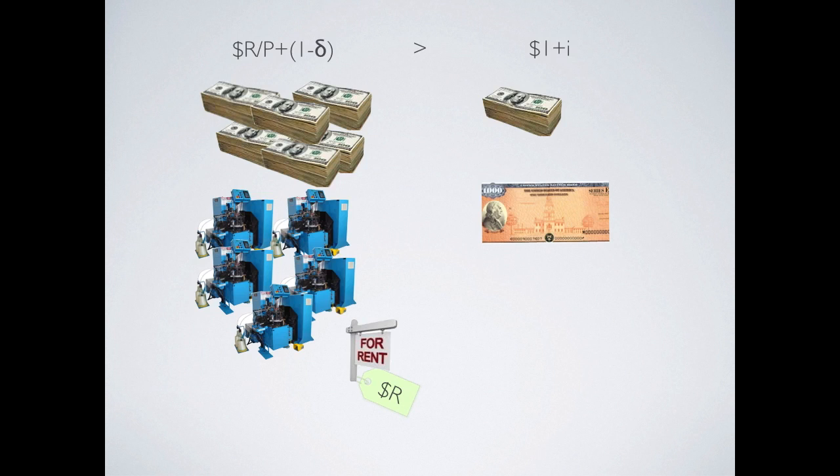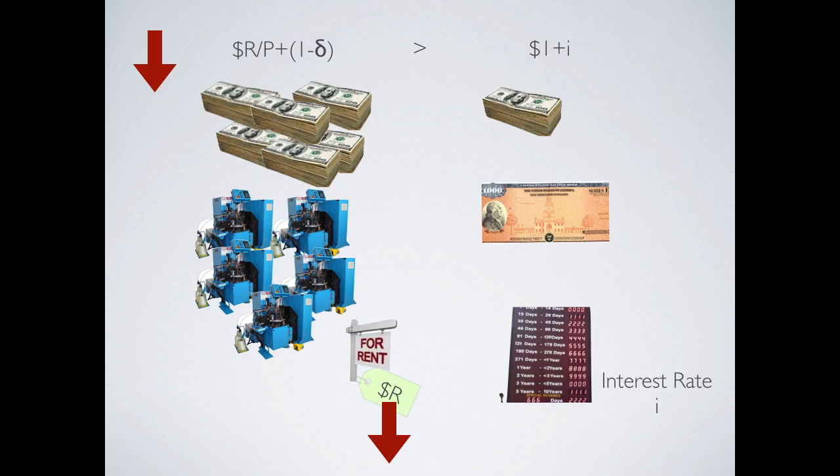What will happen is that the rental price for capital machines will face a force of dropping. On the other hand, in the bond market, there are fewer people willing to lend money to borrowers, and of course, anybody who wants to borrow money has to offer an interest rate that is higher than before.